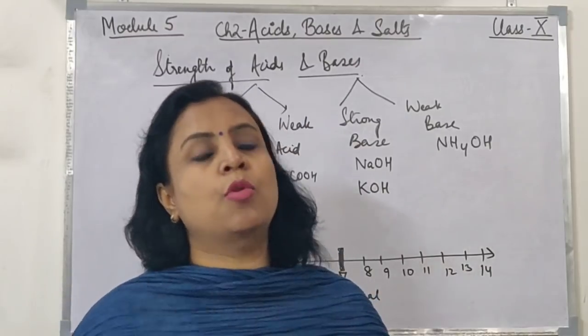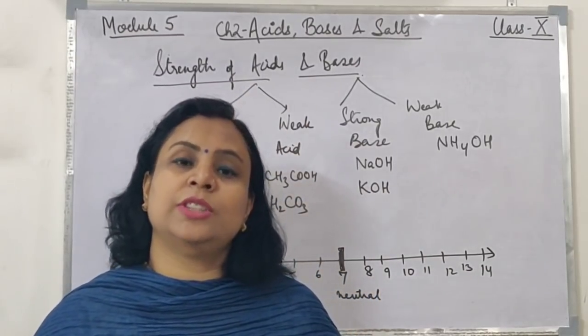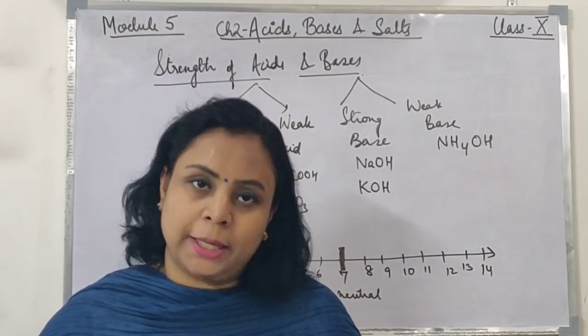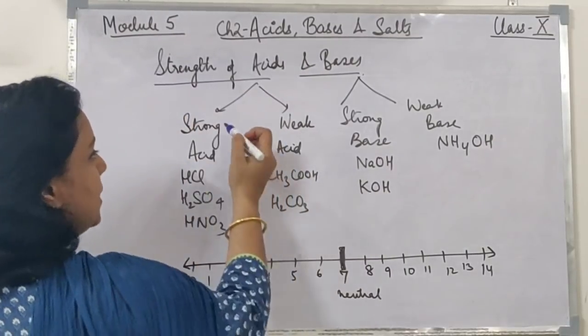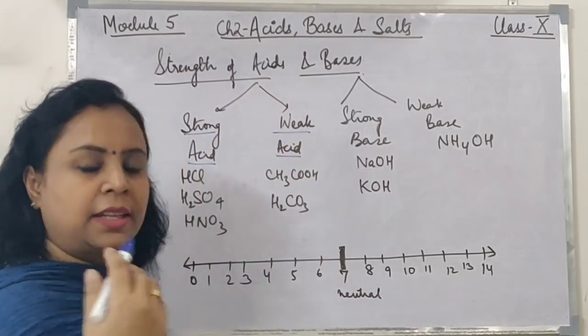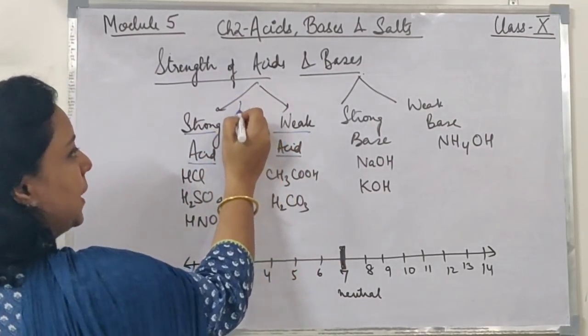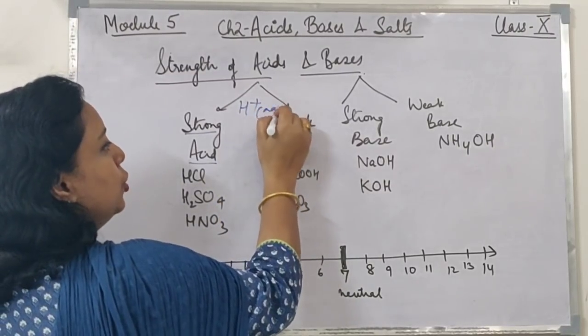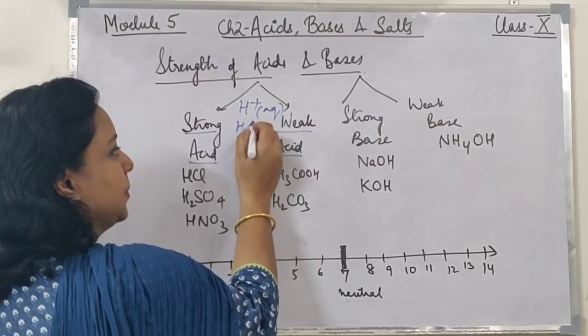That means the more hydrogen ions are released in a solution, the stronger the acid would be. Okay, so we can say the acids can be strong acid or weak acid depending upon the H plus ions released in the aqueous solution, or H3O plus.